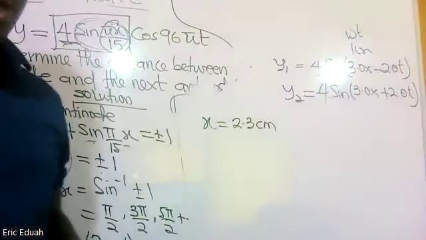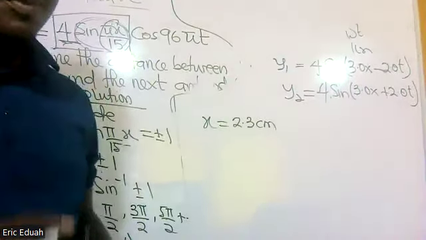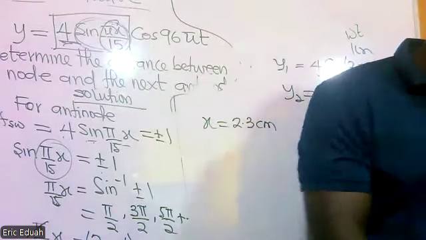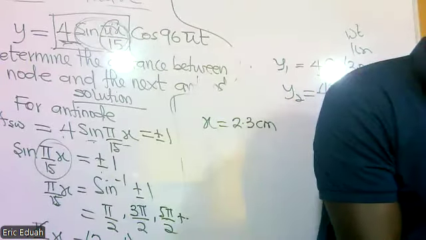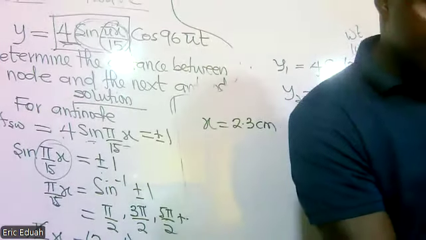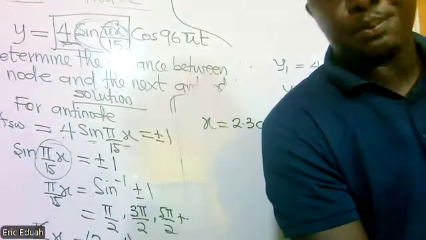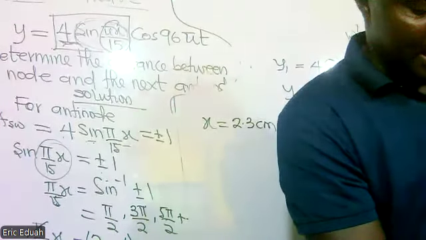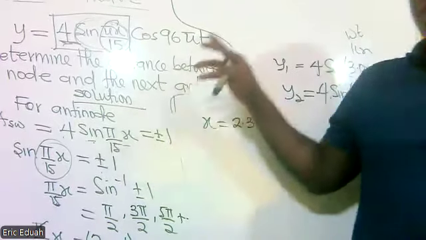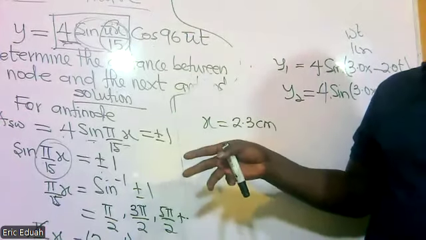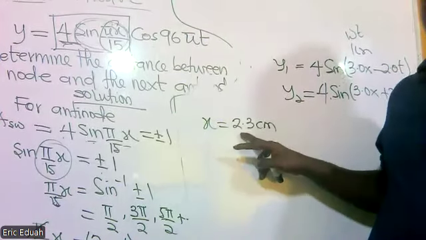Okay, Charlotte, are you okay? Yes, please. Then A. The first question is to find the amplitude of the simple harmonic motion of the particle of the medium located at x is equal to 2.3. So you are determining the displacement when x is equal to 2.3.